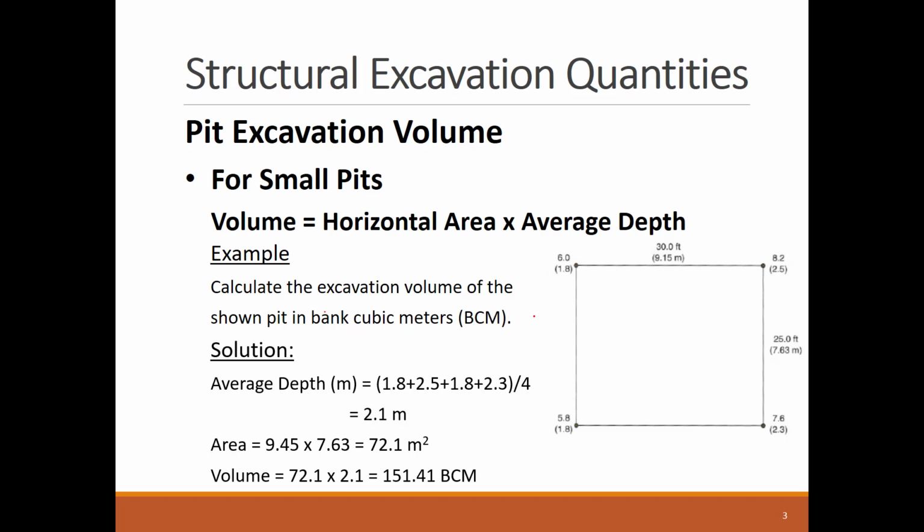Then the area is calculated to be 72.1 square meters. When multiplying these two values, you will find the excavation volume to be 151.41 bank cubic meters. This simple volume calculation is best used for small excavation pits where the excavation depth changes linearly between the pit corners.